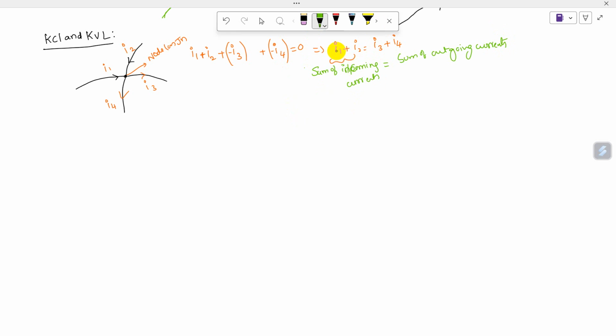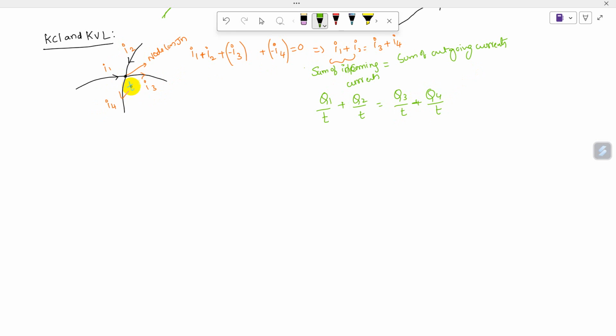Now this I1 I can write in terms of charge and time, q1 by t, and this is q2 by t, equal to q3 by t plus q4 by t. So here the time scale is the same for all the currents.